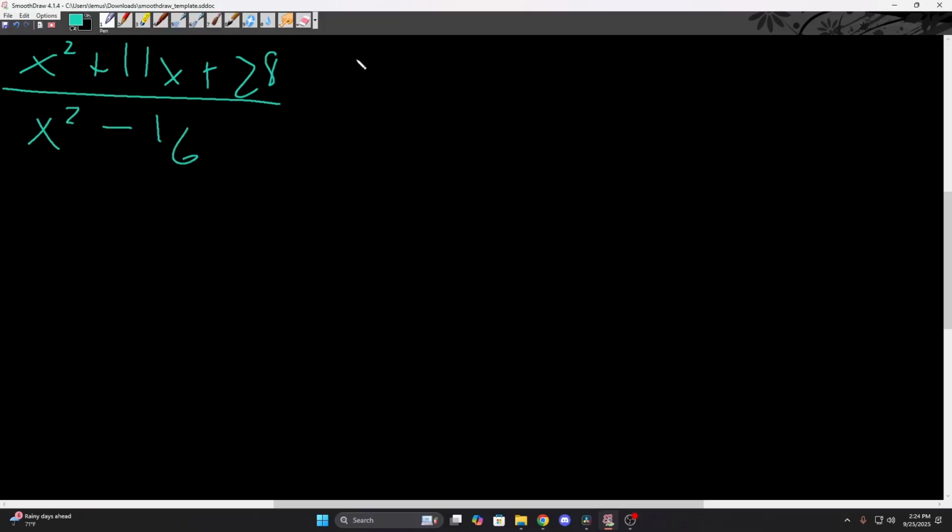Alright, so we're on the back page, and the question is x squared plus 11x plus 28 divided by x squared minus 16 divided by x plus 7 over x minus 7. When you see this division symbol, what you want to do is flip this, right? That way, because the inverse of a division is multiplication.